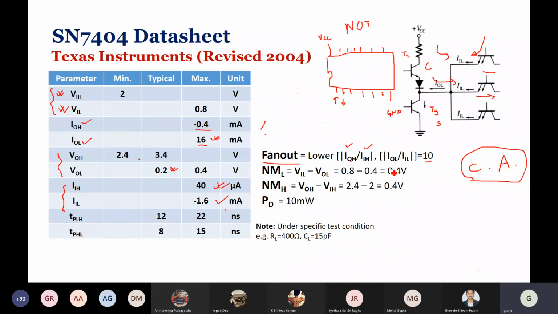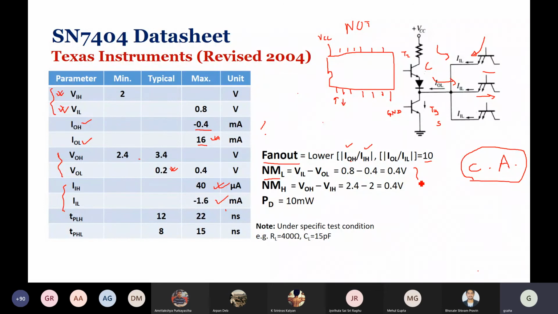But in any other data sheet, depending on what these numbers are, you can arrive at the number from that consideration also. And noise margin low is VIL minus VOL, that we have already studied. If you just calculate the max of it, this is 0.4 volt, and noise margin high is 2.4 minus 2, that is 0.4 volt.